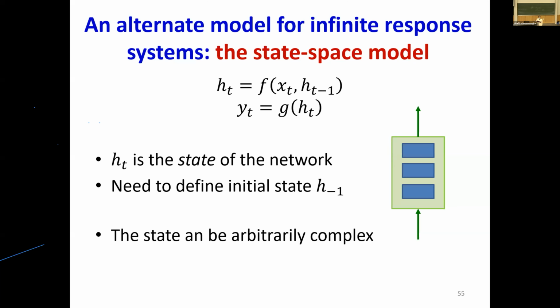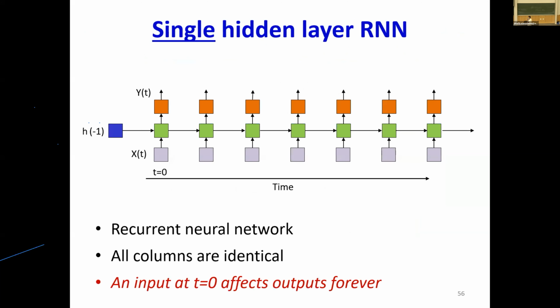That state variable is going to have a bunch of internal variables itself, which are recurrently used. And in order for this model to work, the initial value for those recurrent variables, h of minus 1, must also be specified. So here's a very simple version of the model where my state is a single layer of neurons. If my state is a single layer of neurons, this is what the network is going to look like.